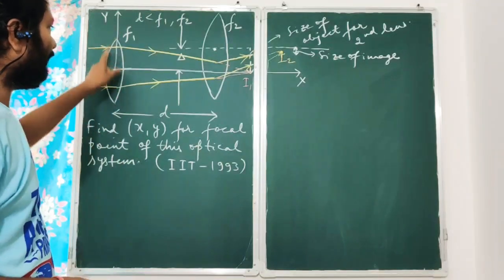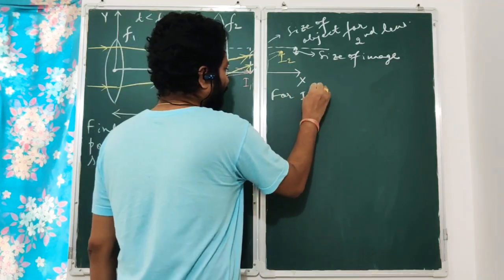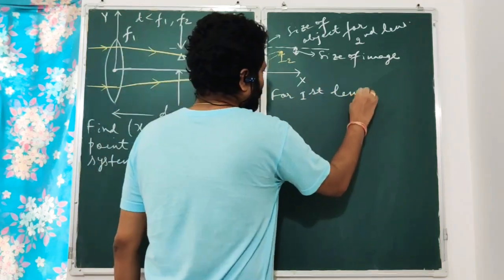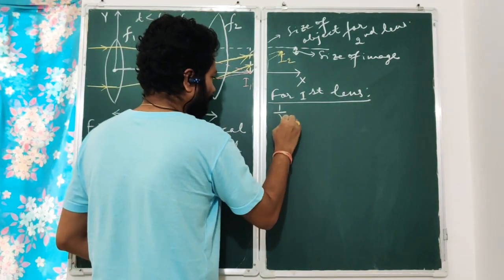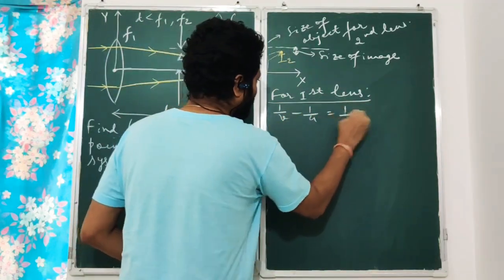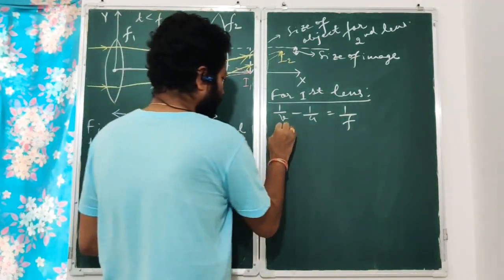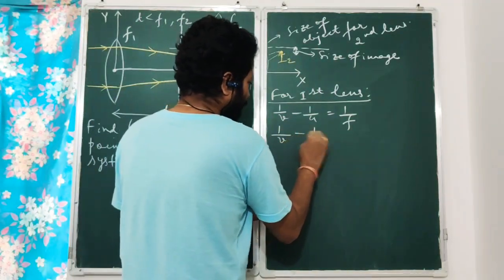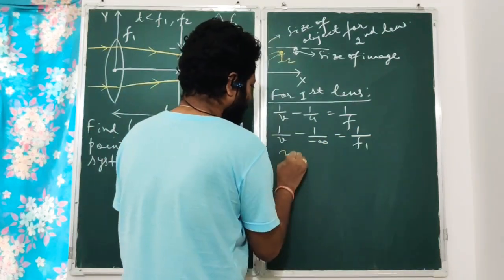So now we'll first write the equation for the first lens. For the first lens, we can write 1 by v minus 1 by u is equal to 1 by f. u is infinity. So 1 by v minus 1 by minus infinity is equal to 1 by f1. So what is the value of v then?